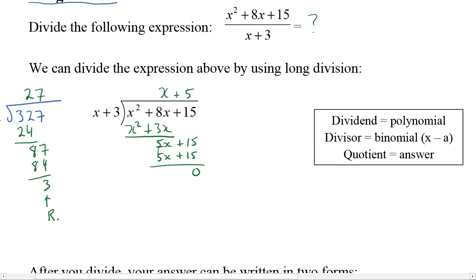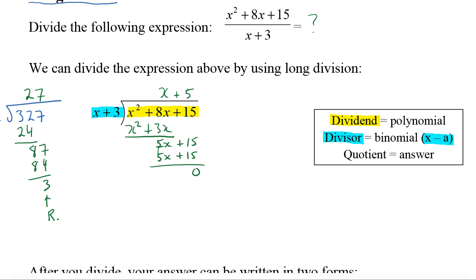Okay, so let's remind ourselves what some of these terms mean. First of all, the dividend, that's the large thing that we started off with. This is the dividend. The divisor is the binomial in this case. And you'll notice that we're going to use this form of x minus a.